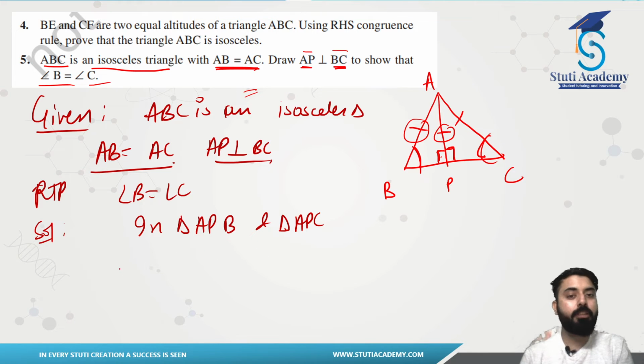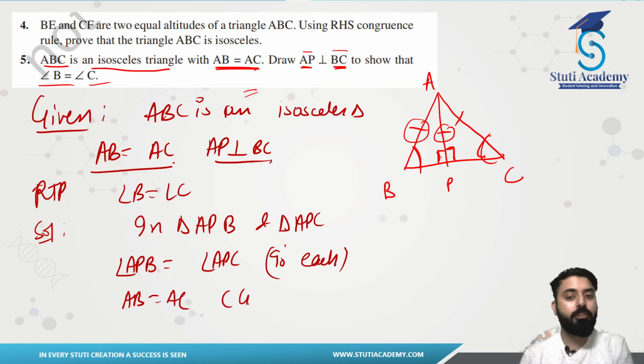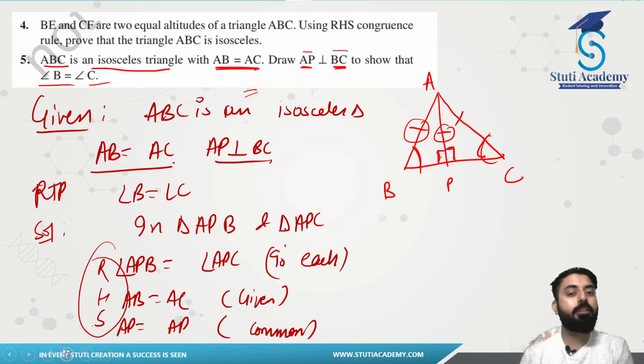In these two triangles, I can see angle APB is equal to angle APC, 90 each, right? I can see AB is equal to AC, this is given, and I can see AP is equal to AP, which is common. You guys see right angle, hypotenuse, side, triangles are congruent, and you can say angle B is equal to angle C.